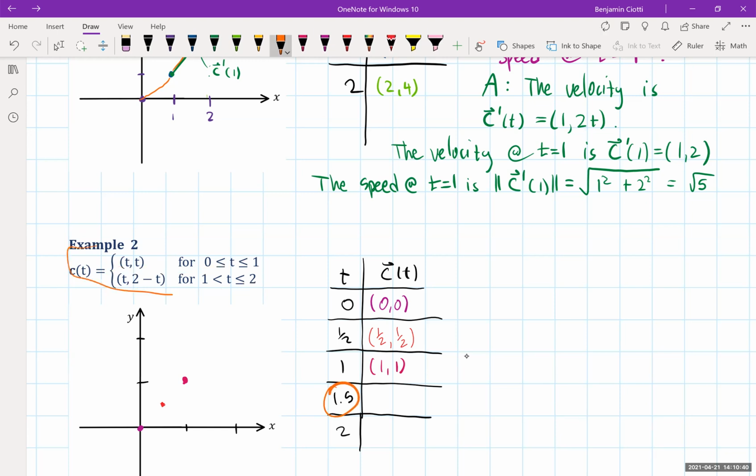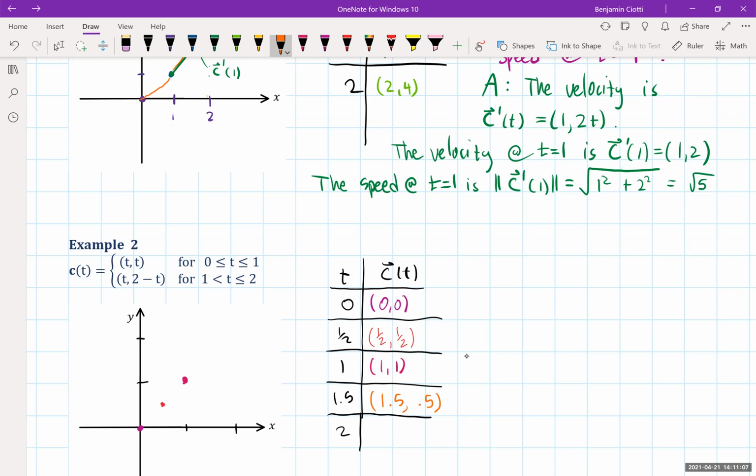Right, so this is an example of a piecewise defined function. And since t equals 1.5 is in this range, this is the equation I use to determine the coordinates. And I get, let's see, t is 1.5, 2 minus t is 0.5.